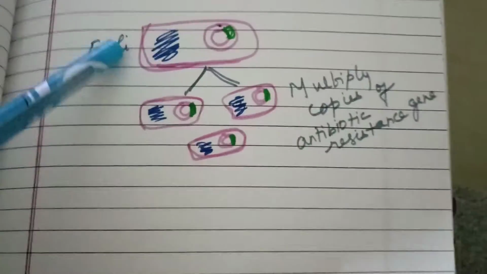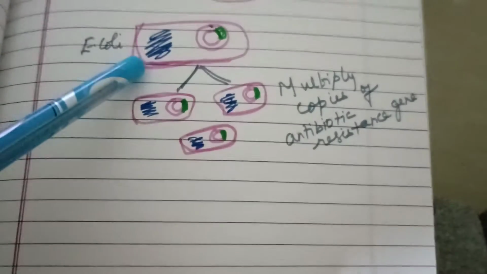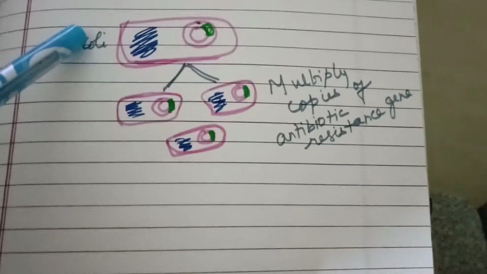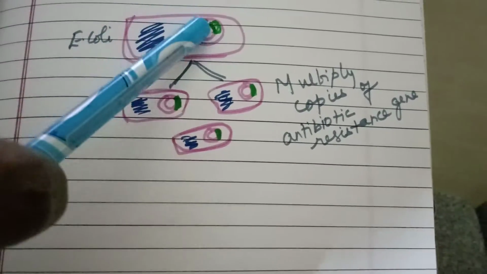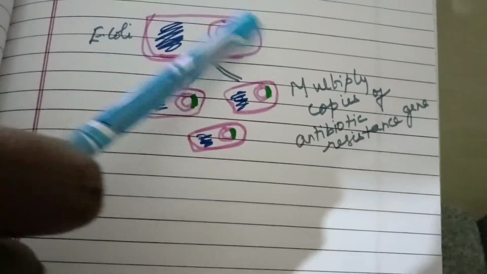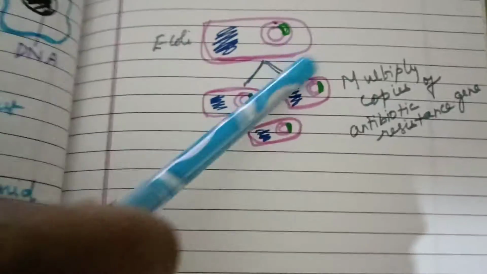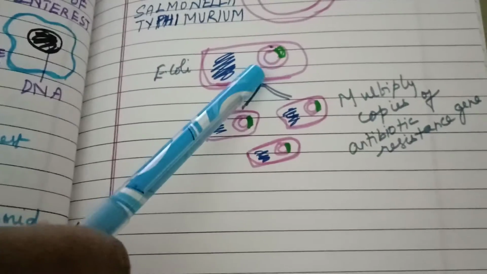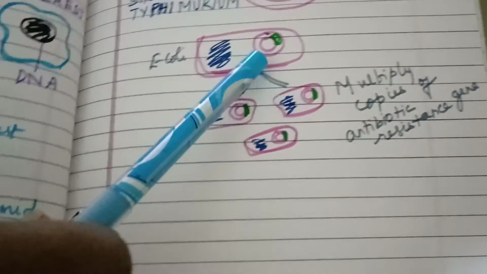When this DNA is transferred into Escherichia coli, also a bacterium, it can replicate using the new host. Here also there is an enzyme, DNA polymerase, which acts as a catalyst.